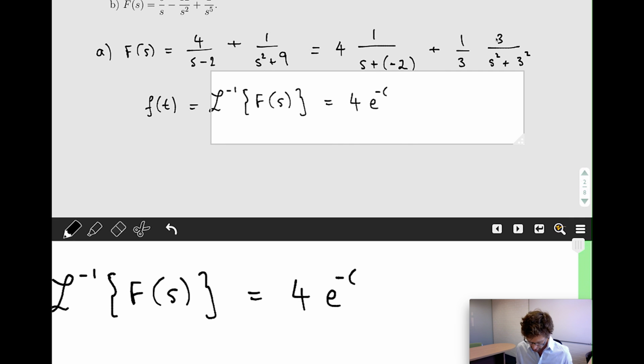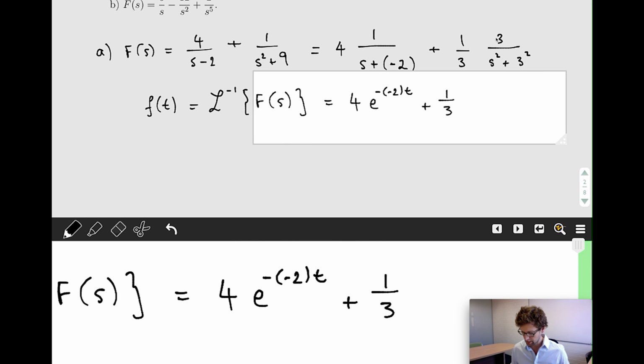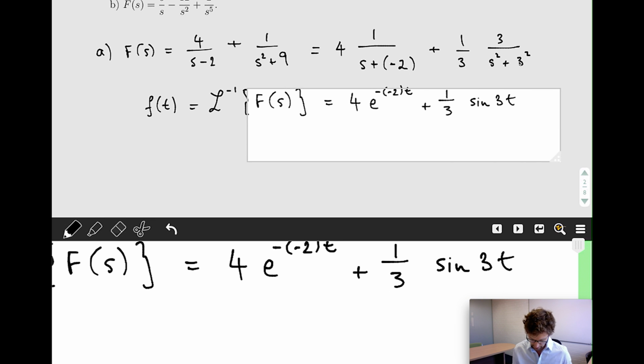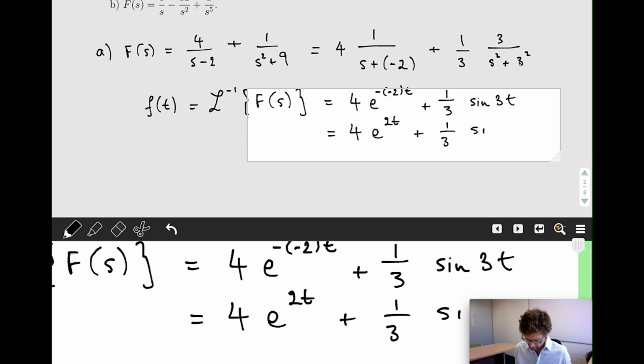And I had a equal to minus 2. Plus 1/3. Looking up our tables, we saw that b over s squared plus b squared became sine bt, so sine 3t. So tidying that up a little bit, we see that the minus signs cancel out. We get 4e to the 2t plus 1/3 sine 3t.